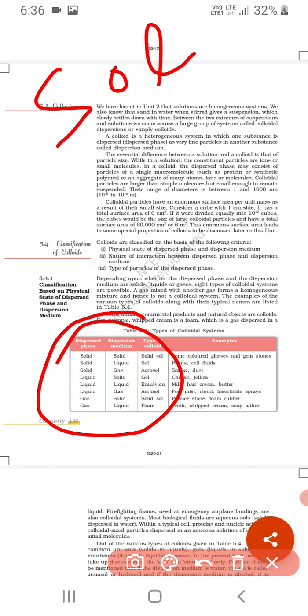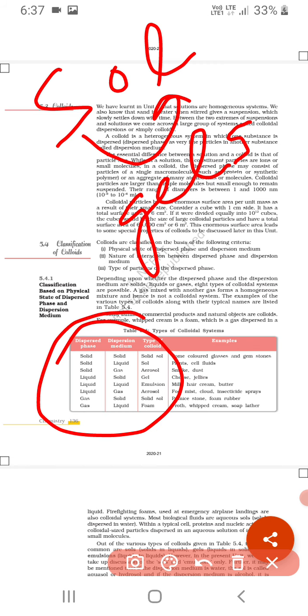Sol: here, solid dissolved in liquid. We have to give the example of that colloidal solution in which solid is dissolved in liquid. And when it is asked gel, the word is gel, but we are learning like this, gels. This will give a great help to learn dispersed phase and dispersion medium.